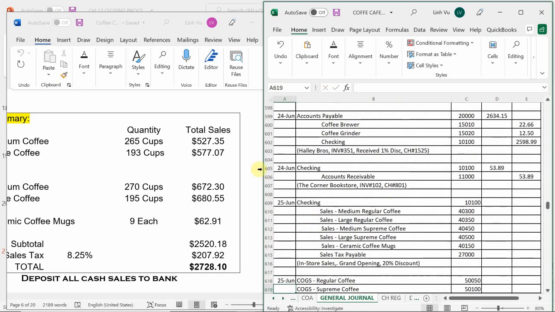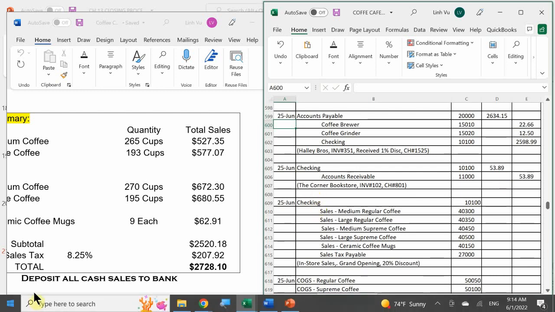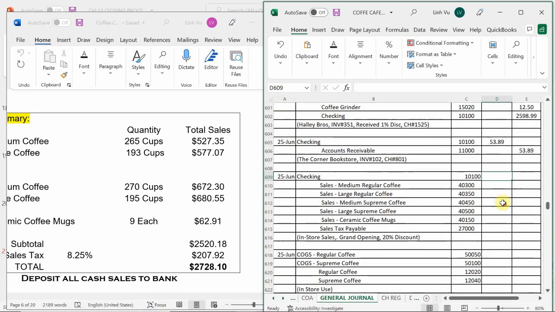And I think I need to change these dates. I think they're wrong. So these are all 6/25. Okay. So let's go ahead and go through each and every sale here. So again, we are collecting some money.